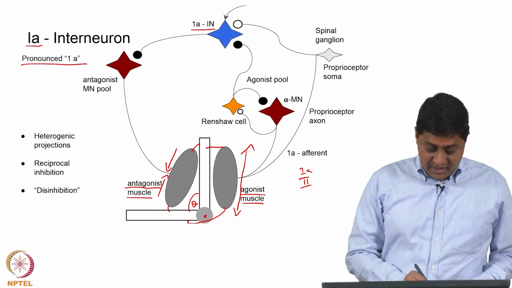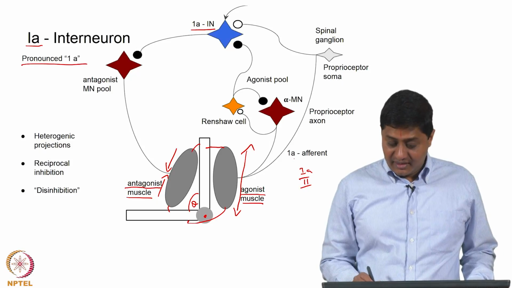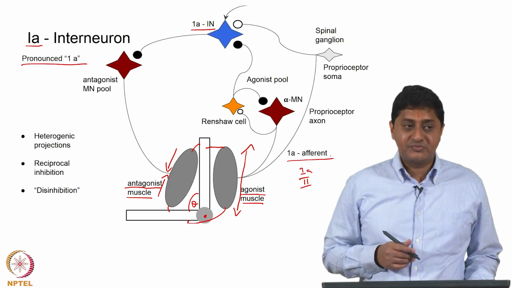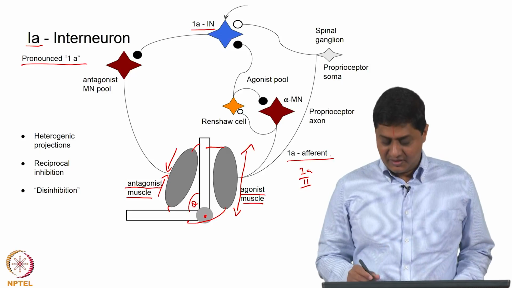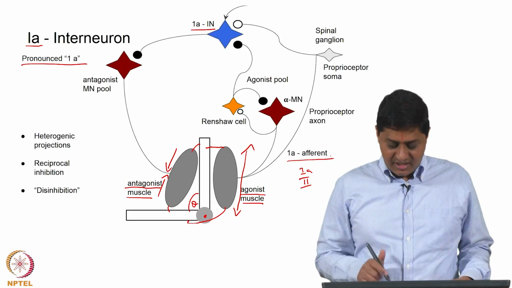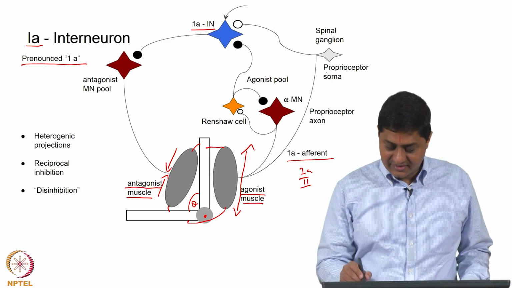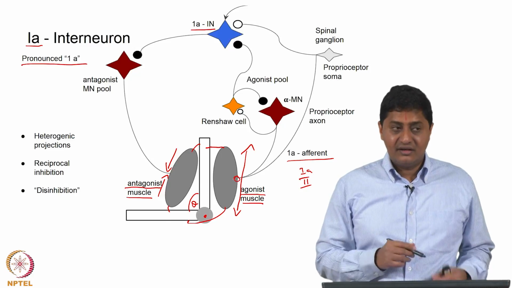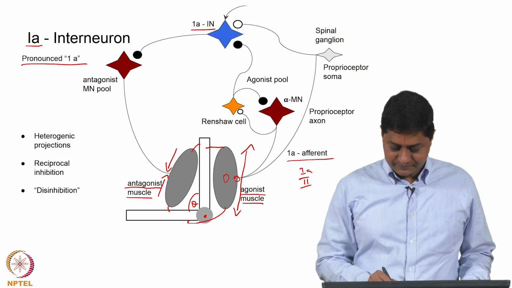So, when the antagonist is contracting, the agonist will stretch and then the sensor will start firing, will start sending an input that is proportional to the amount of stretch, is it not. So, it is a length sensor. As soon as the length increases, this is going to start sending information. The sensory part of this proprioceptor neuron is intertwined with the intrafusal fibers, actually in the center, right.